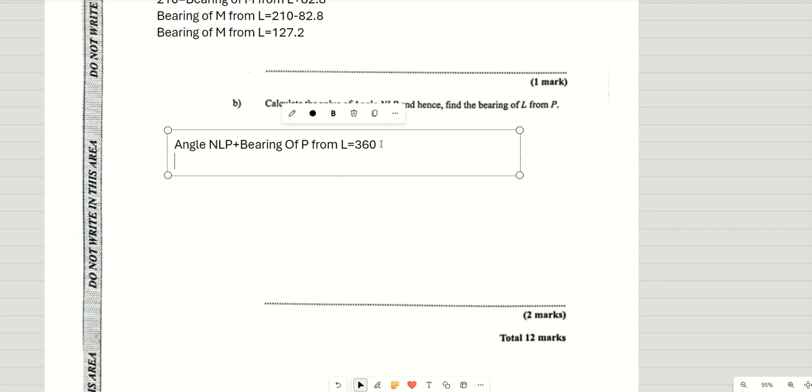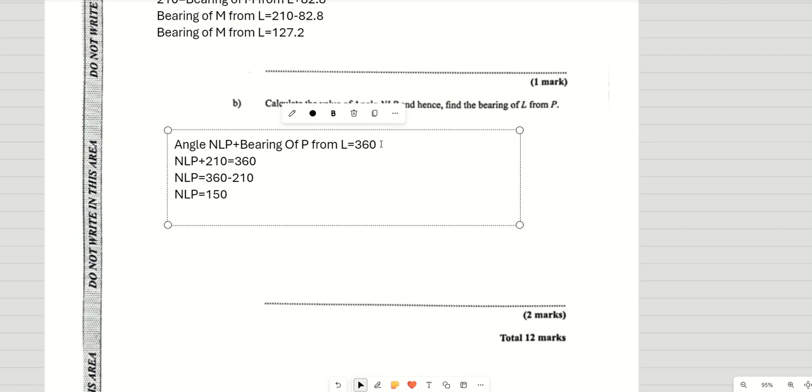Right, so NLP plus 210 is equal to 360, sorry, let me not rush. So NLP would be equal to 360 minus 210. So NLP is equal to 150.